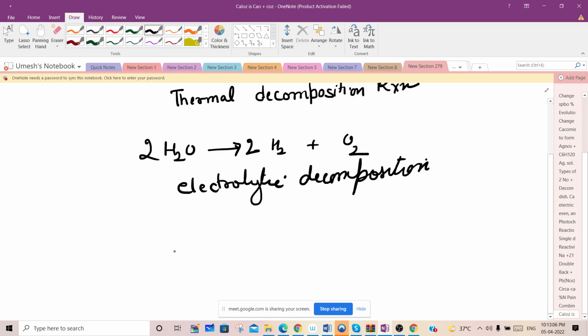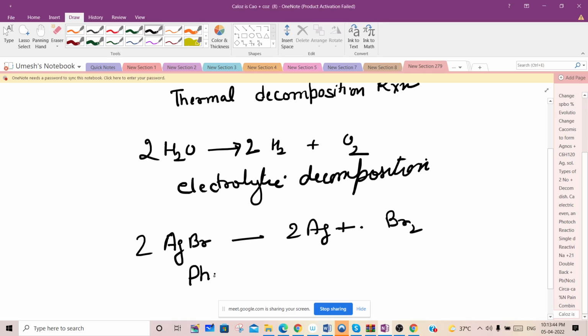Can you give an example of a photochemical decomposition? AgBr gives Ag plus Br.